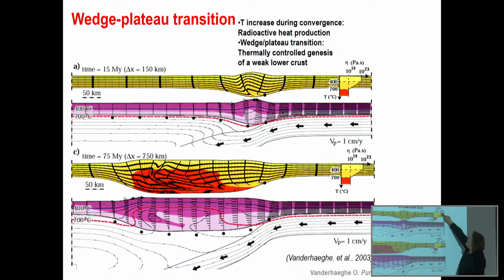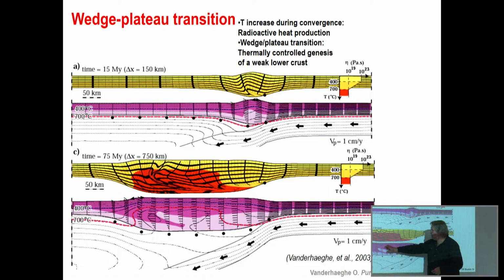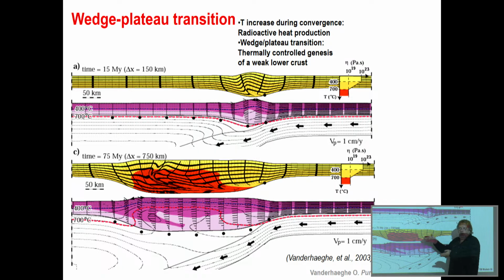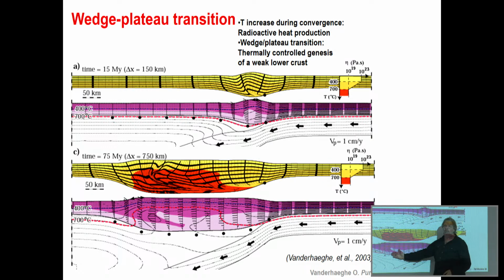And we managed to have a viscosity that goes from 10^23 to 10^19 between 400 and 700. This localizes the gravity-driven flow in the zone of weak crust, whereas the top part becomes passive. I think that's very relevant to what happens in the Tibet plateau. No deformation on top, except on the sides, but still uplift by flow from underneath.